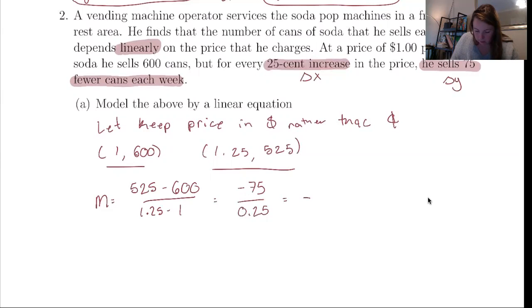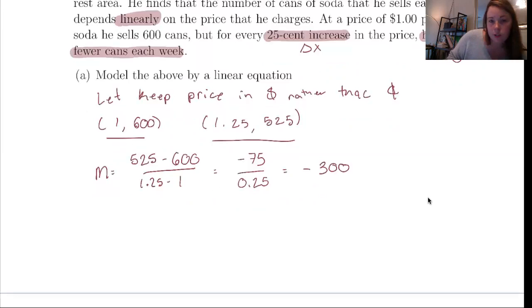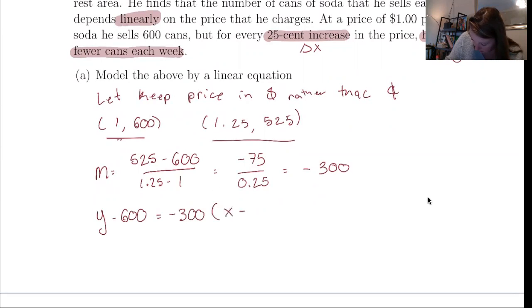75 by 25. Oh, 300. So negative 300. I don't need units, right? I'm just creating a line right now. So I'm just building up each piece. And then I can plug in whatever point I want to. All right, let's just go with this one. That one looks pretty nice. So y minus 600 equals negative 300 times x minus 1.